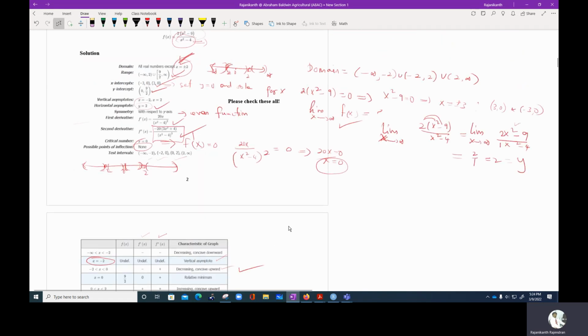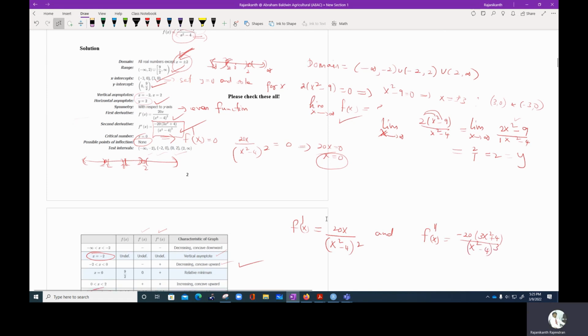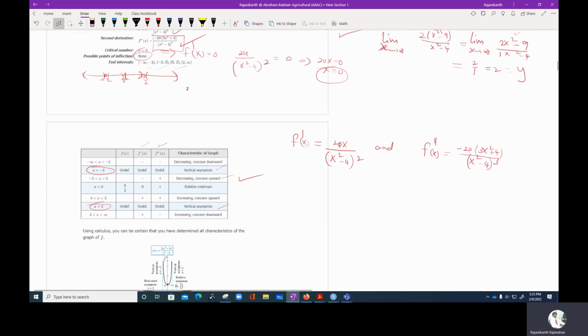Now remember, my first derivative function is 20x over x squared minus 4, whole thing squared, and our second derivative function is negative 20 times 3x squared plus 4 over x squared minus 4, whole thing cubed. Use these two functions and try to find the sign of the function values at each interval by using the testing points. So you will get this table.